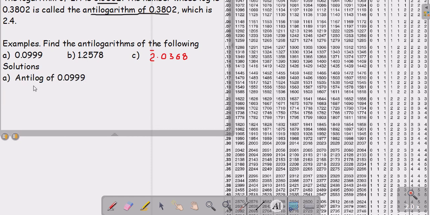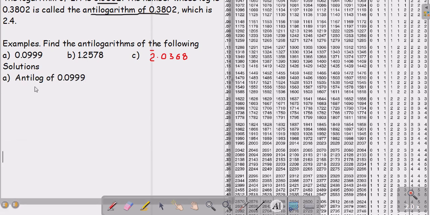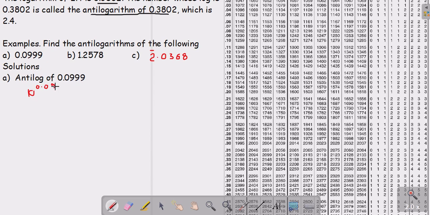So if you are to do this, we just say that we want to get the antilog, so I write 10 to power 0.0999. It doesn't need us to reorganize it, because here it is already 0 point. So if it's like that, we just go direct.